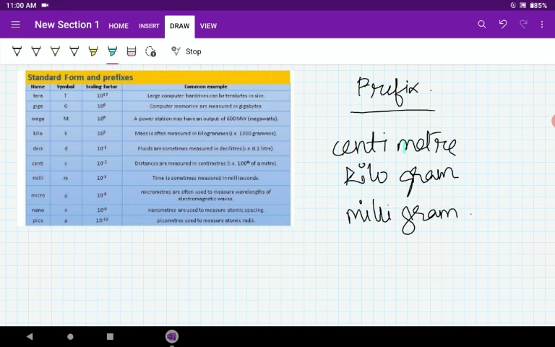Isn't that so? We can all understand here that meter, gram, these are the units, while centi, kilo, milli, sometimes tera, giga, micro, these are all prefixes which we are using in front of the meters in order to understand. Now, what is a prefix and what is a scaling factor?